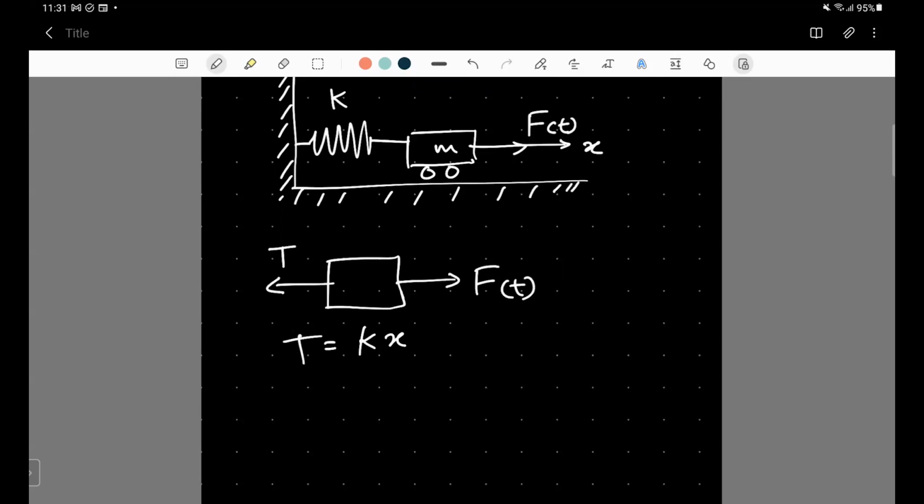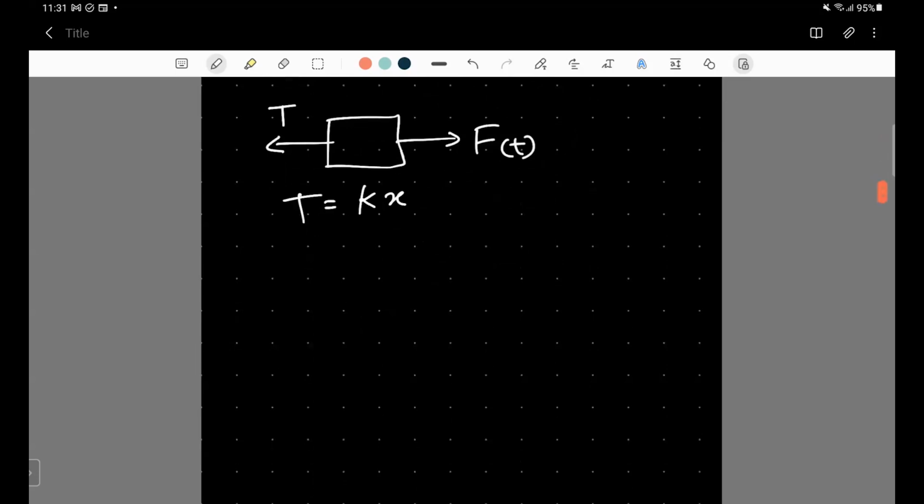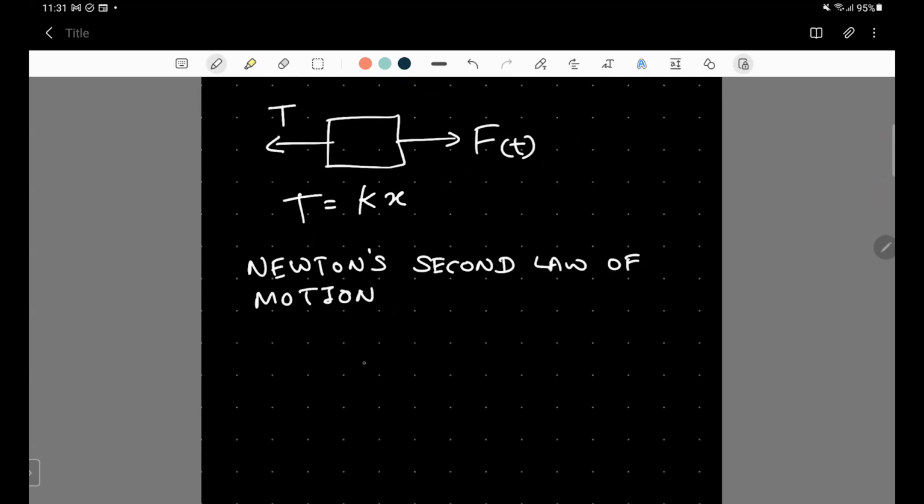And since we know that when it is subjected to an unbalanced force, the mass is subjected to acceleration, what we can do is simply apply Newton's second law of motion, which is nothing but the force is equal to the mass times the acceleration, of course, due to the unbalancing force.